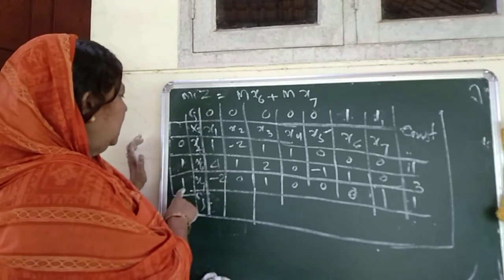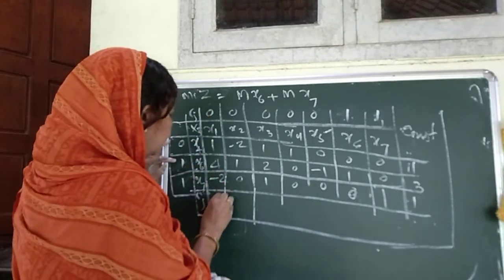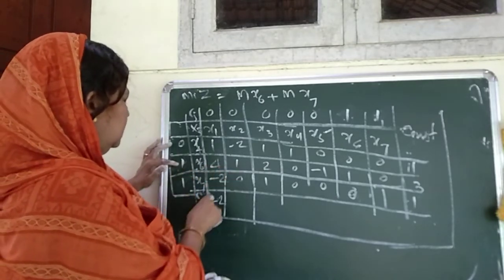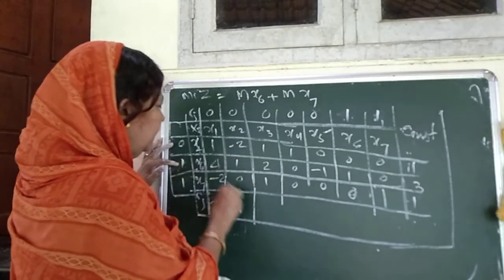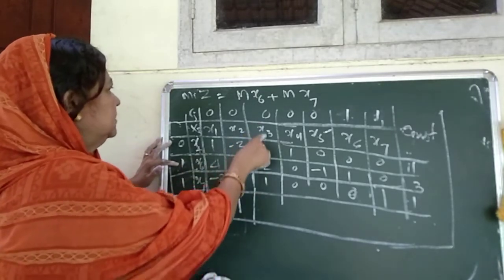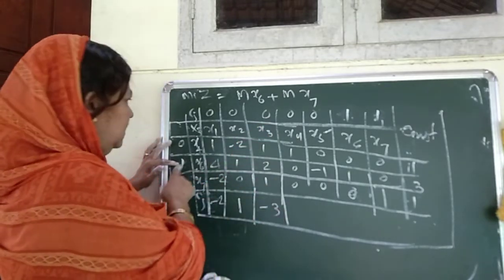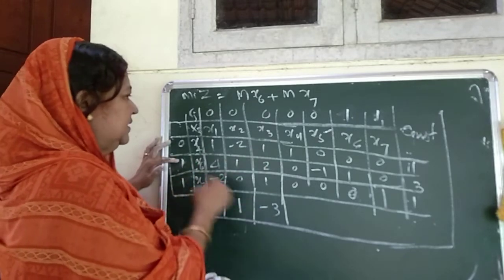Cj bar is minus 2, 0 minus, that is minus 2. Here also x2 it is 1 plus 2, that is 1. Then here 0 minus 2 minus 3, 1 into 0, 2 into 1, 3 into 1, that is minus 3.